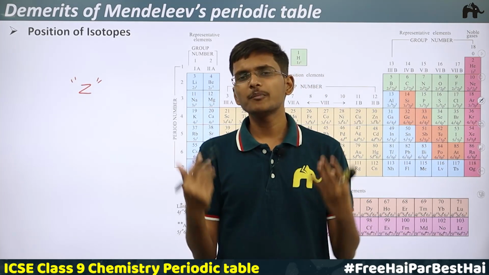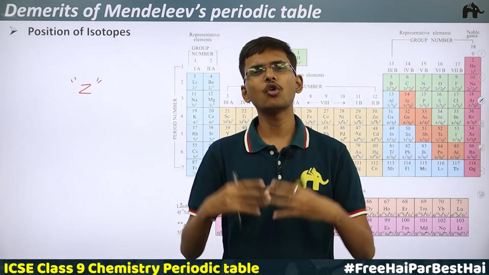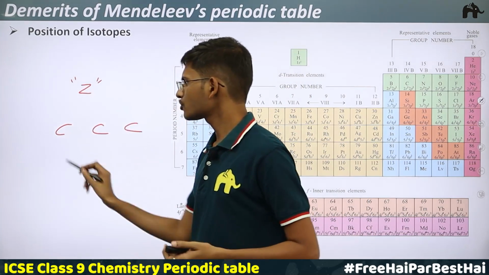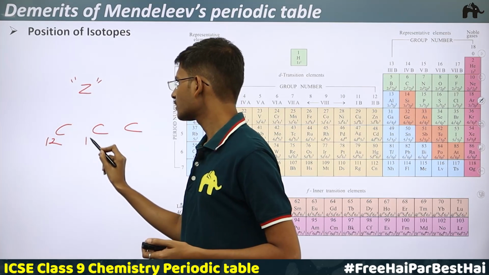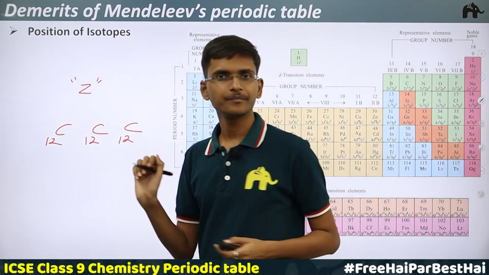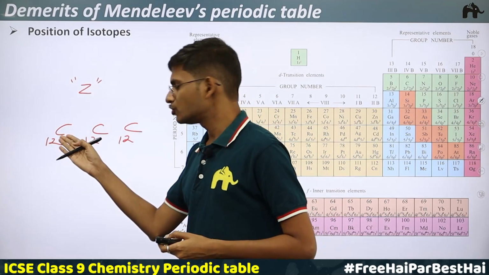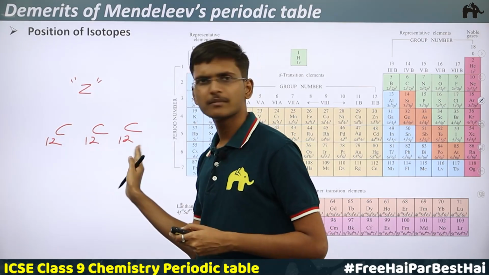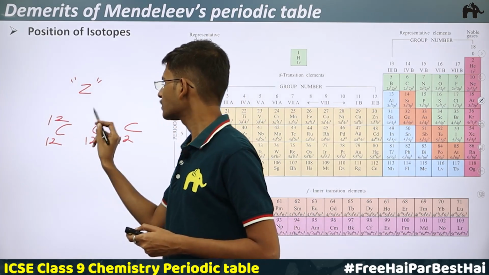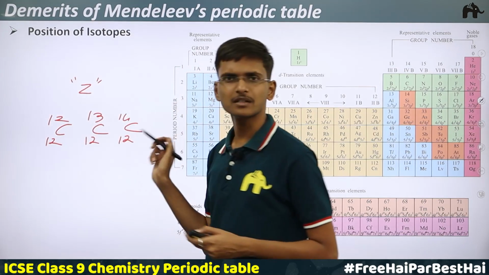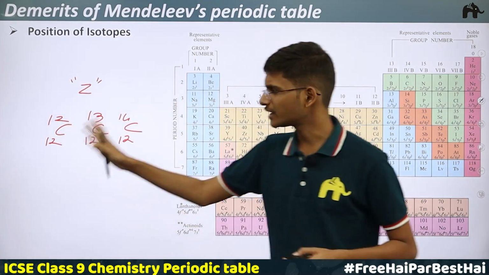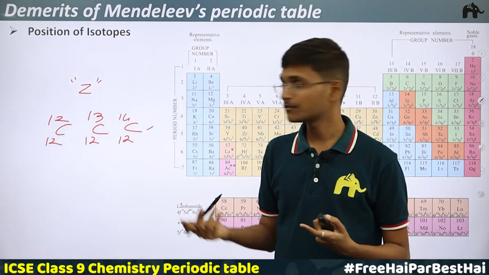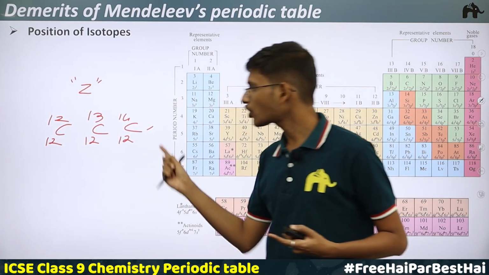So though a particular element has 2 or 3 isotopes, for example carbon-12, 13, 14, they have the same atomic number, though they have different atomic masses, like 12, 13, 14 as their mass numbers. But we don't care about the different atomic masses, we care about the same atomic number.